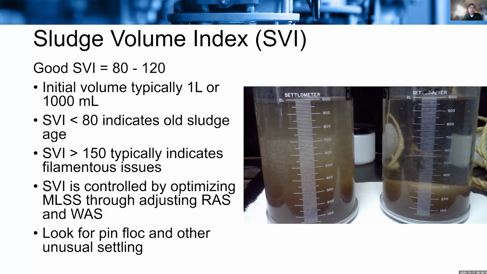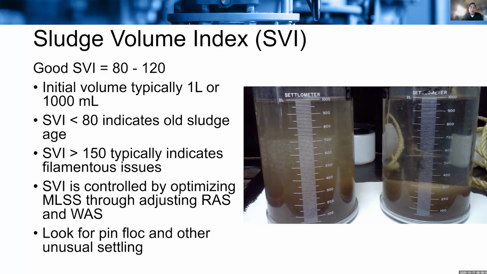Now, if you have old sludge, that typically means that you need to waste more. If you have filamentous issues, that may mean that you are providing too much oxygen, or that you need to increase wasting as well.